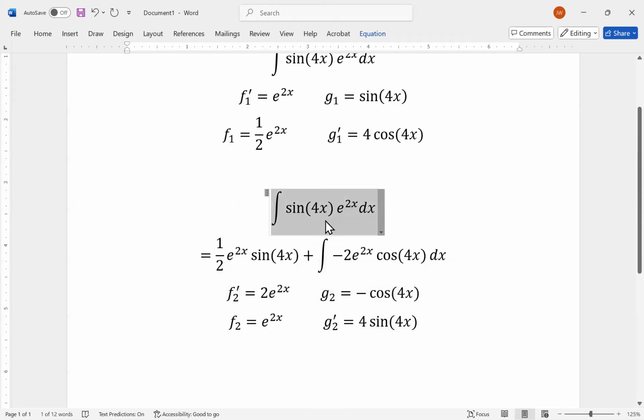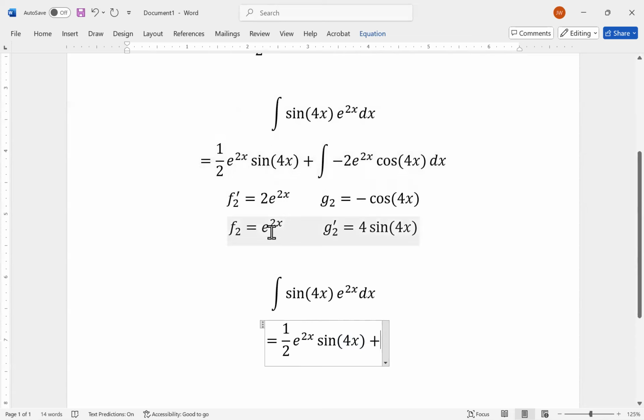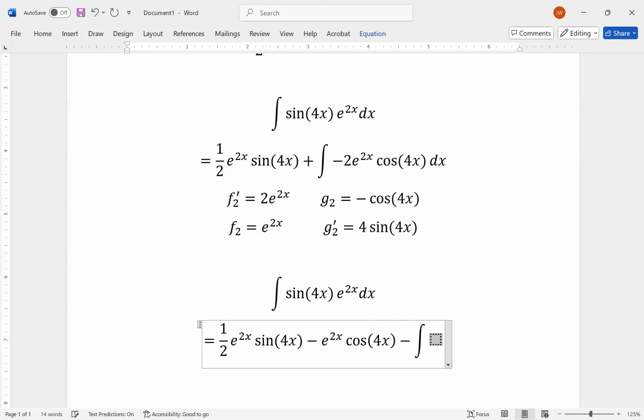So what I'm saying is that this integration, I now know, is this 1/2 e to the 2x sine of 4x, plus, I had a plus here, f times g, my new f, new g, that's going to give me a negative e to the 2x times cosine of 4x, minus the integration of f times g prime.